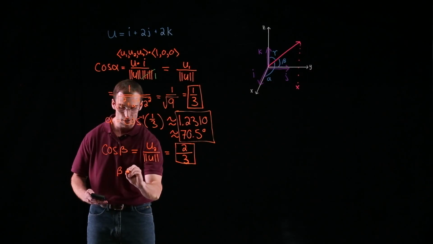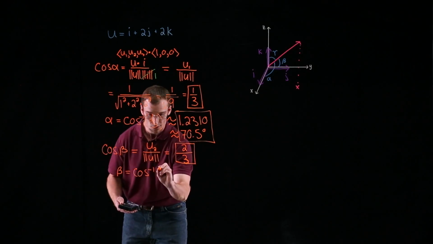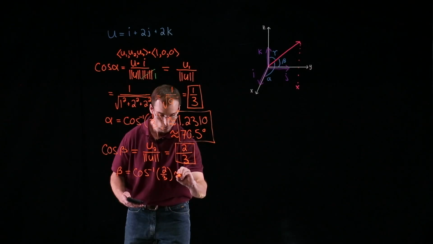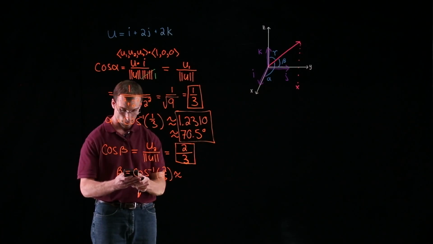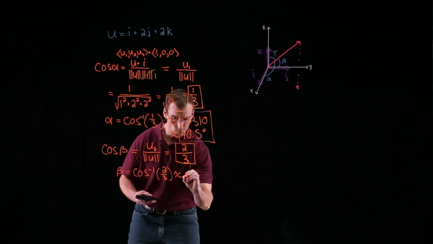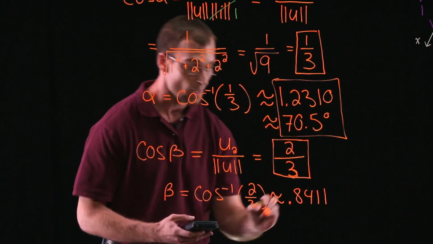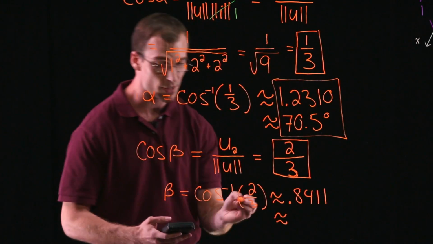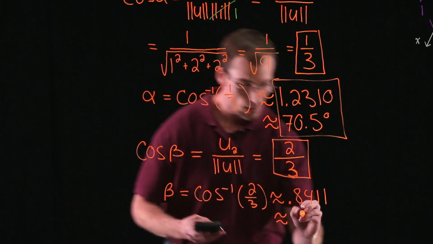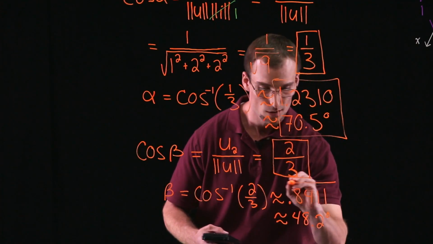And same thing to find beta. We take beta as the cosine inverse of 2/3, which first in radians is approximately 0.8411. And also in degrees, just changing our mode to degrees, cosine inverse of 2/3 is approximately 48.2 degrees.